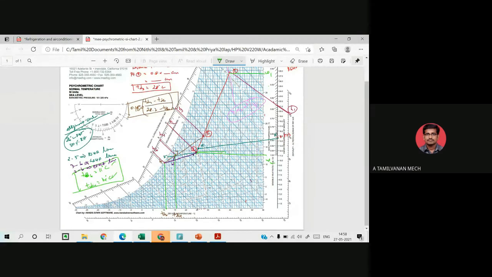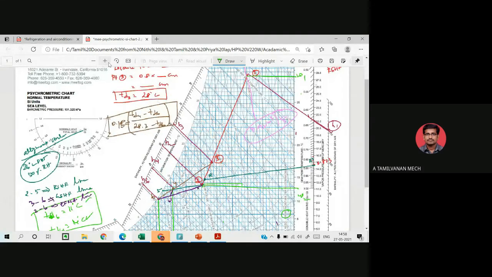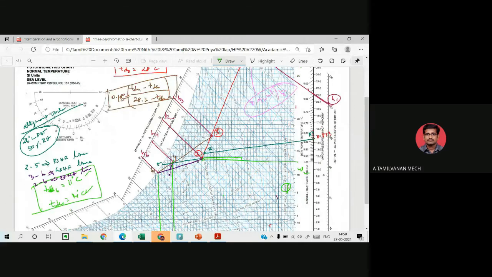From that it can be noted that it may be 23 grams per kilogram of dry air. Please note that the value is in grams. But in some psychrometric charts, this is kilogram per kilogram of dry air.